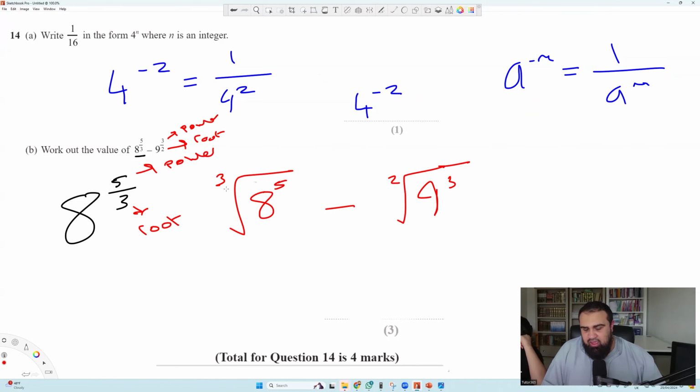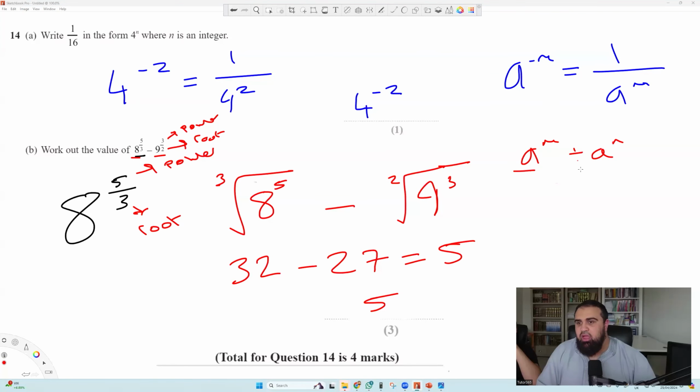Now, cube root 8 is 2. 2 to the power of 5 is 32, because 2 times 2 times 2 times 2 times 2 is 32. Minus square root 9 is 3. 3 cubed is 27. You just get 5.